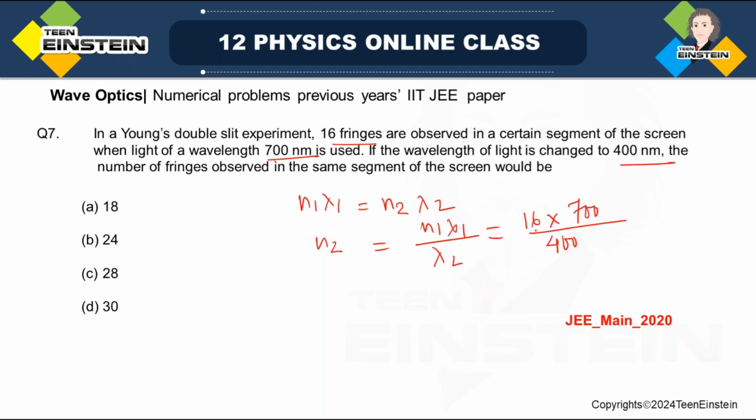It will be unitless, a number, 4. So it will be 28 fringes. So the answer is this one. This is another type of problem with Young's double slit experiment.